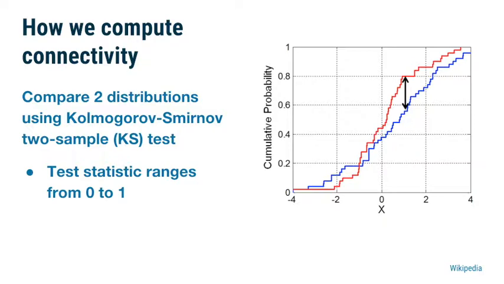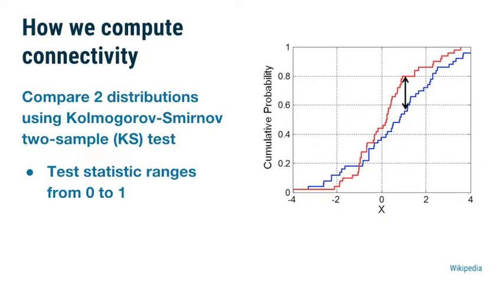So at a given value, for example, 0, how many of the points are less than that value? So for the blue line, 30% of the points are less than 0. For the red line, it's something like 45% of the points are less than 0. And once you convert it to these cumulative probability plots, the maximum distance between those two lines is what the KS test spits out as its final statistic.